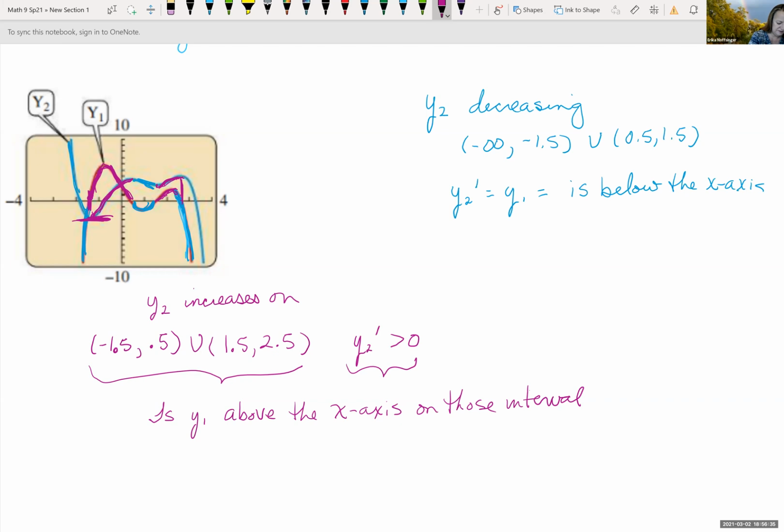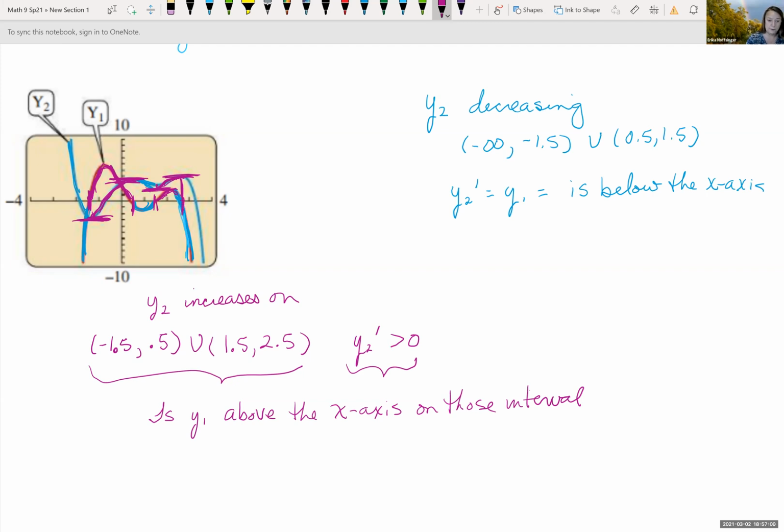We have a max here. This is where the other function should be crossing the x-axis, and it is. We have another crossing here, and a max here, where it's crossing the x-axis here.